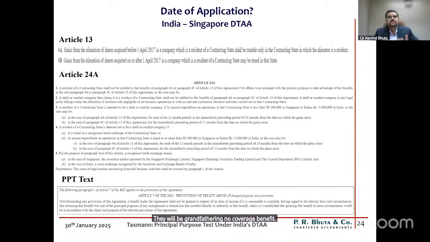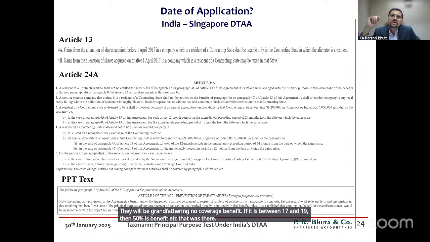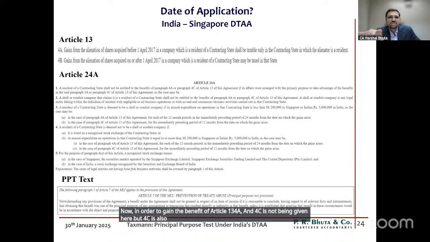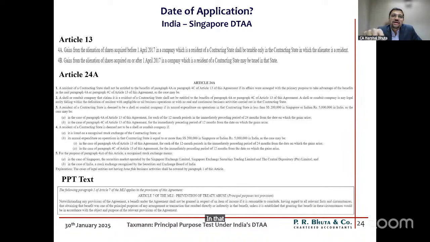If it is between 2017 and 2019, then 50% tax benefit, etc. That was there. Now, in order to gain the benefit of Article 4A and 4B, and 4C has not been given here, but 4C is also there, the period between 2017 and 2019, you have to satisfy the LOB provision which is there under Article 24A.